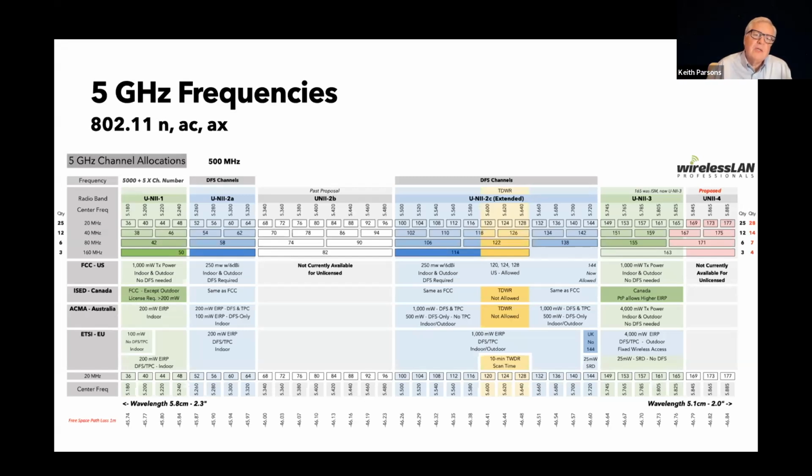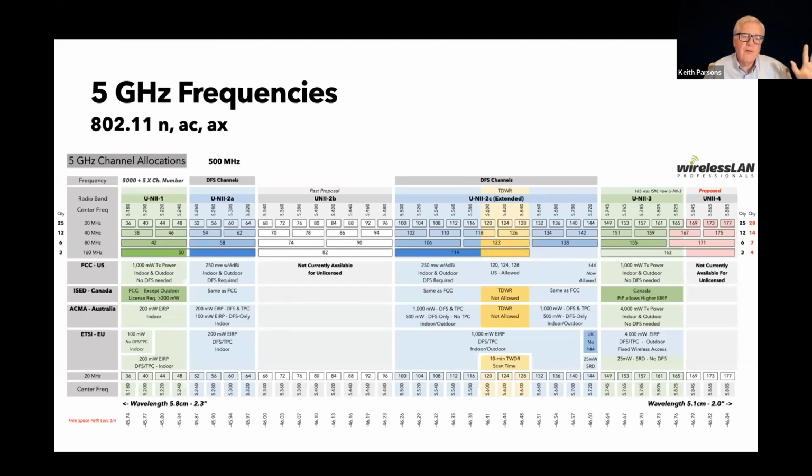Each frequency that we use, each channel, has a center frequency, so I also added to this chart what the free space path loss is at 1 meter. If you know what 1 meter is, then as you expand it out, you can just follow the formula.